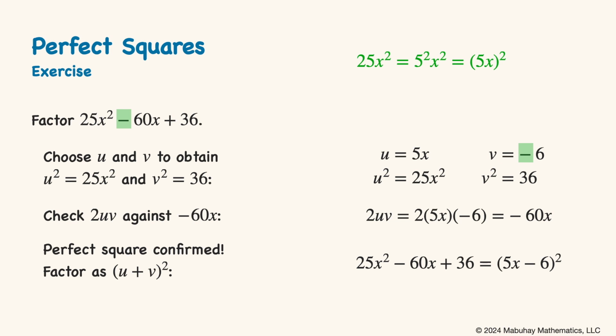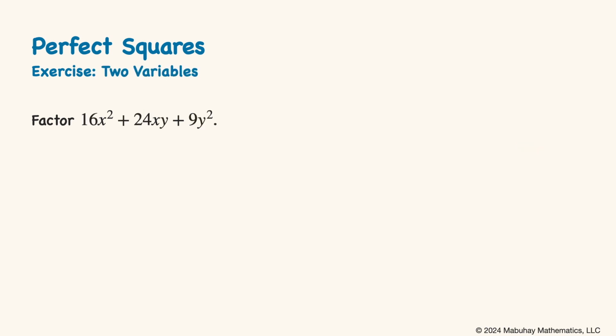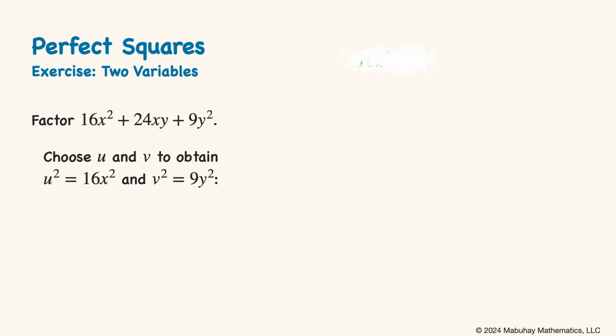Next exercise has two variables. Let's take a look. Here we're factoring 16x squared plus 24xy plus 9y squared. We need to choose u and v. We can write 16x squared as the square of 4x. We can write 9y squared as the square of 3y.